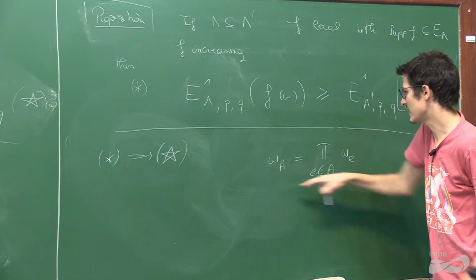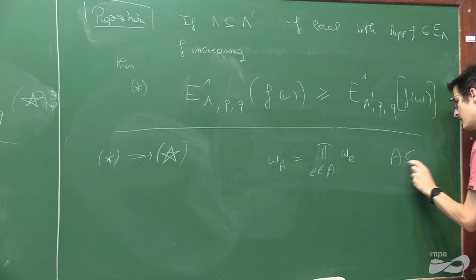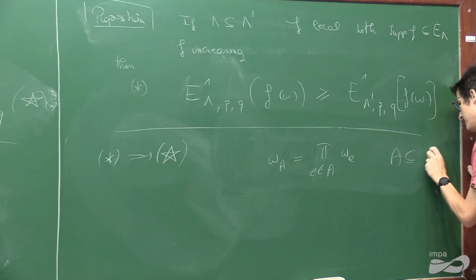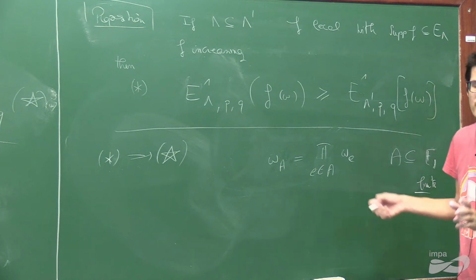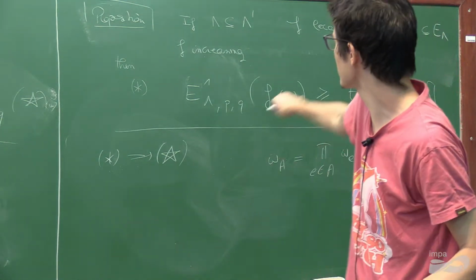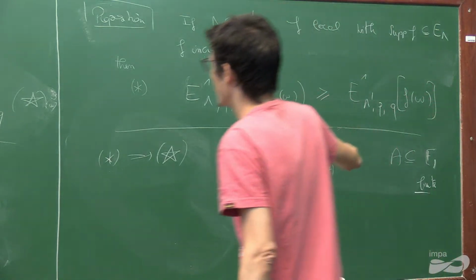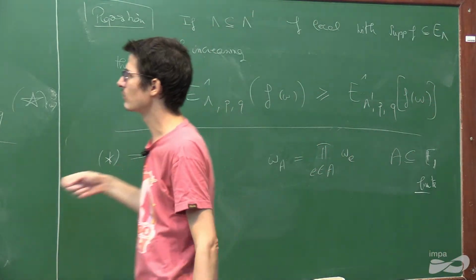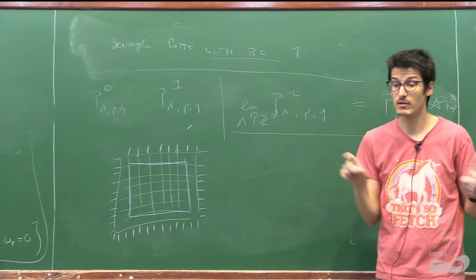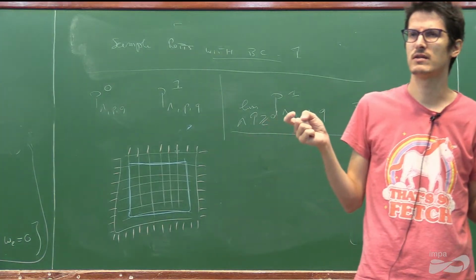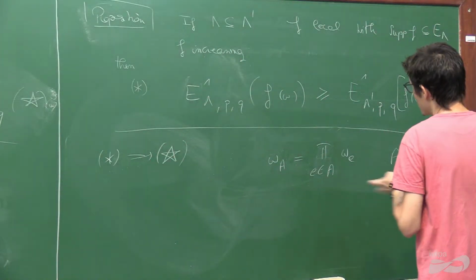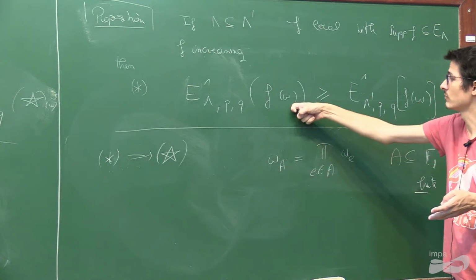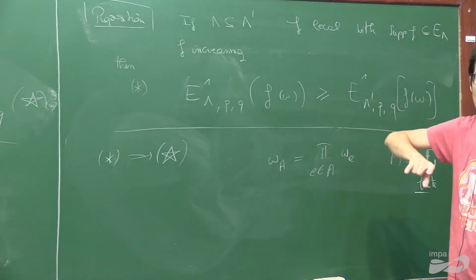These functions are indexed by A included in E^d finite. They form a base of local functions. This monotonicity tells you that these expectations will converge when Lambda goes to Z^d, and that the limit really does not depend on the increasing sequence you're considering. And therefore, because you have shown things for a base, you have shown convergence for every local function.